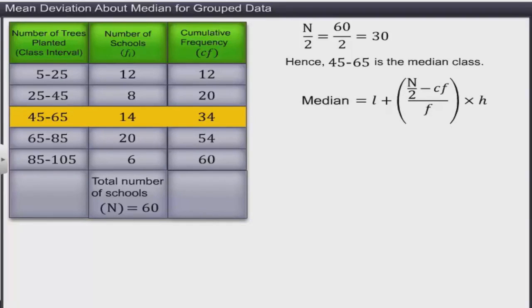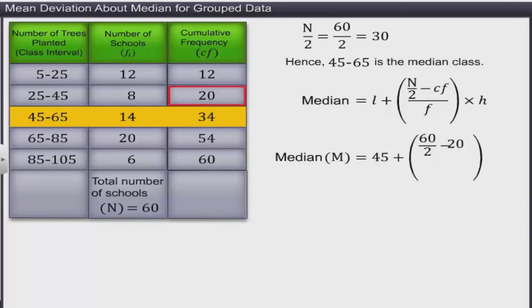From the frequency distribution table, L is the lower class limit of the median class, equal to 45. N is the total number of observations, that is 60. CF is the cumulative frequency of the previous class of the median class, which is equal to 20.